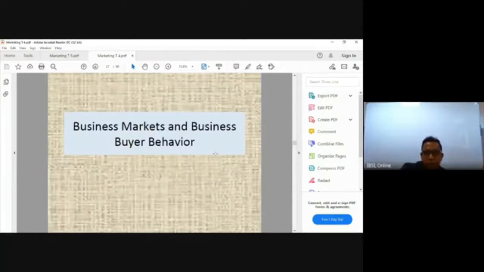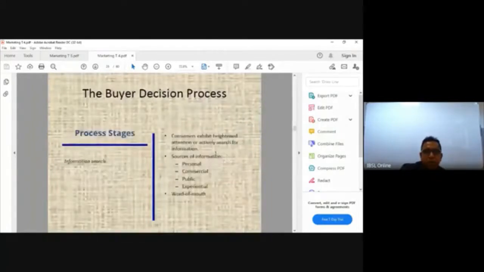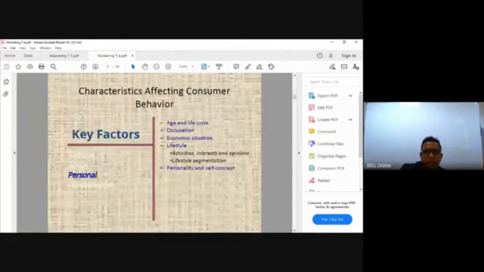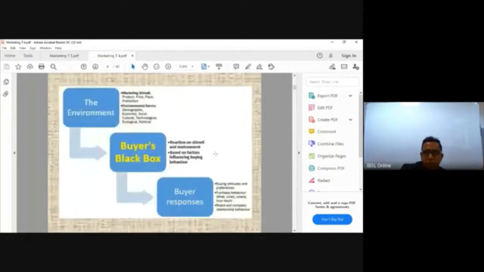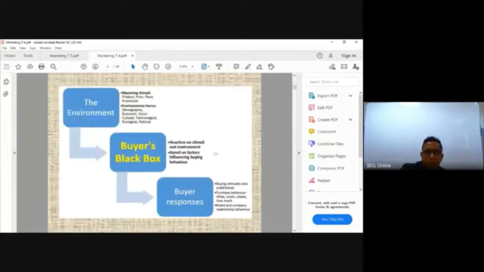So that's about human individual behavior. We started from the black box. Why do we call it a black box? We don't know what is inside. It's complicated, and person to person, buying motives and buying behavior are different.